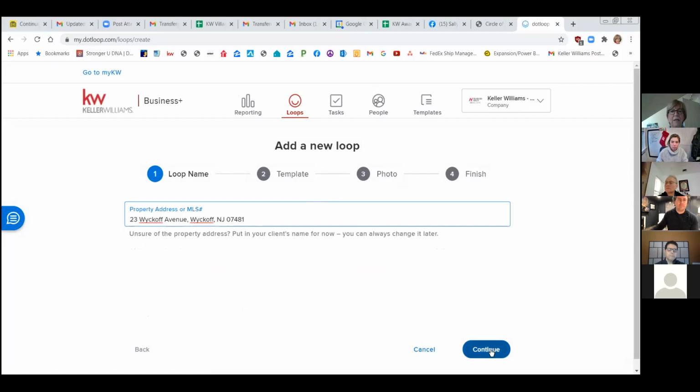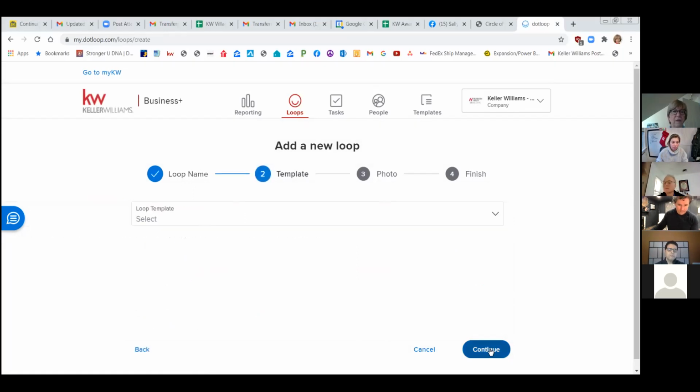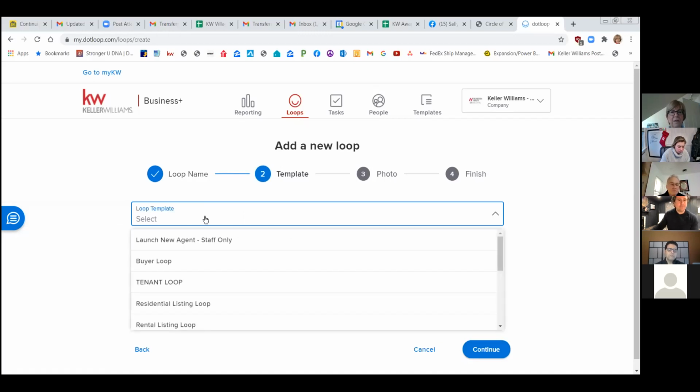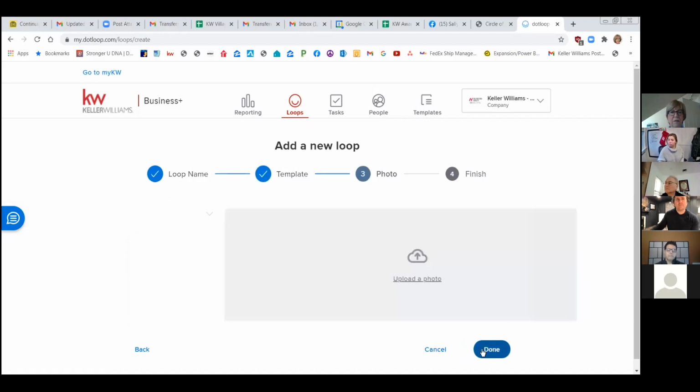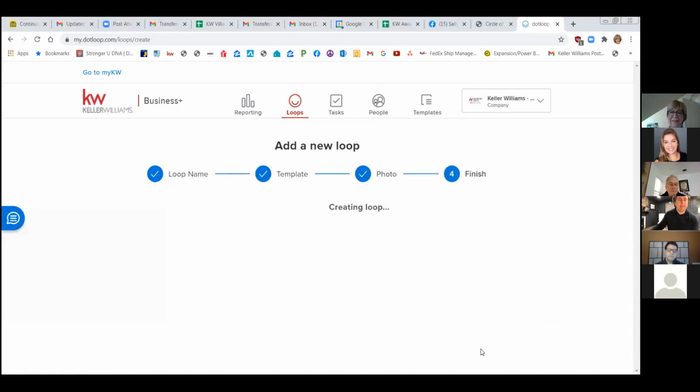Okay, and then we're going to hit continue. And then we're going to select the type of loop. So this is a residential listing loop. And we're going to hit continue. If we have a photo, you can upload it. Since I'm making this up as I go along, I don't. So we're just going to say done. And it's creating our loop for us.